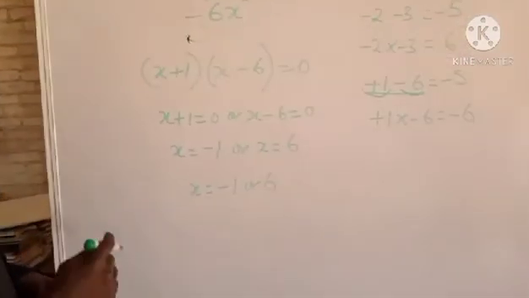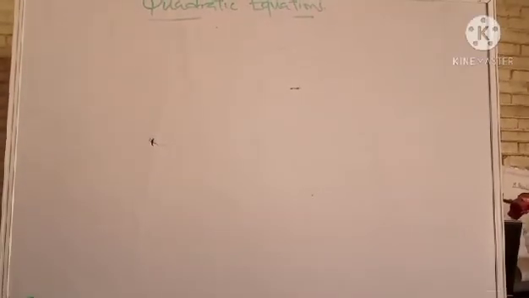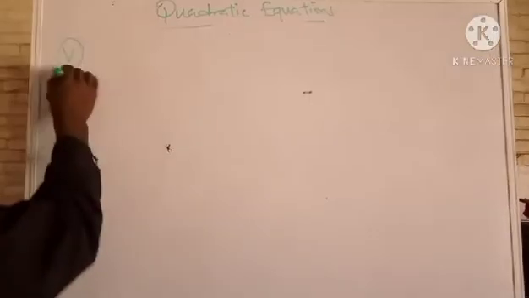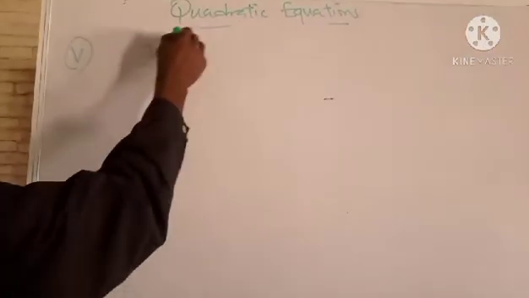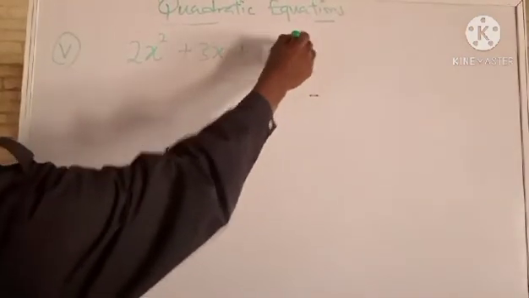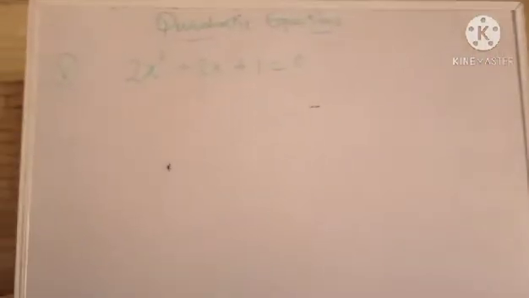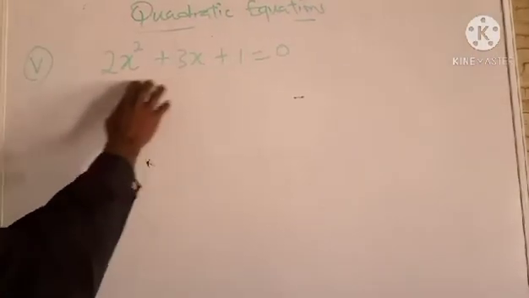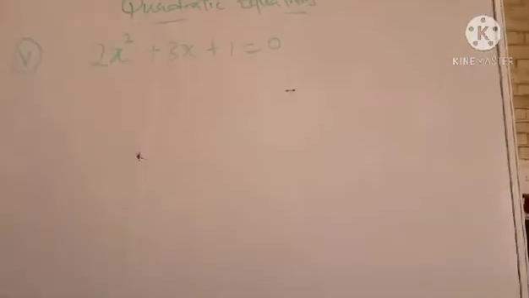We're going to take one more example, and the last example for this discussion is number 5. Find the roots of the equation 2x squared plus 3x plus 1 equal to 0. If you take a look at this fifth example, it is still a quadratic trinomial, but now the coefficient of x squared is no longer 1.